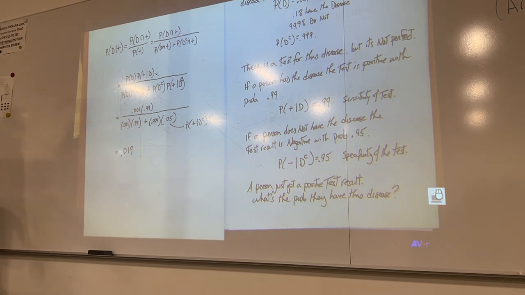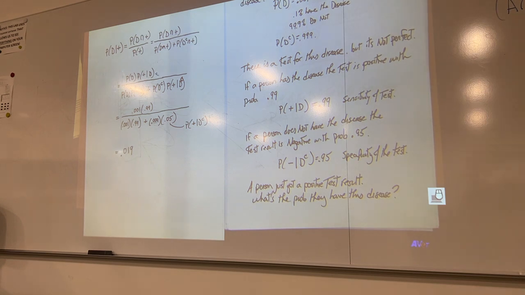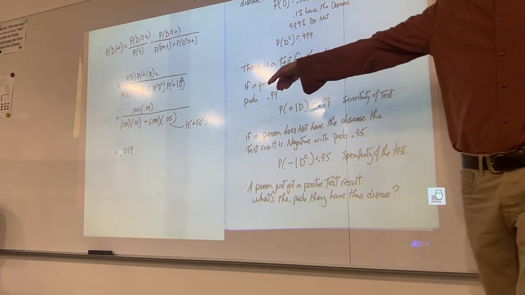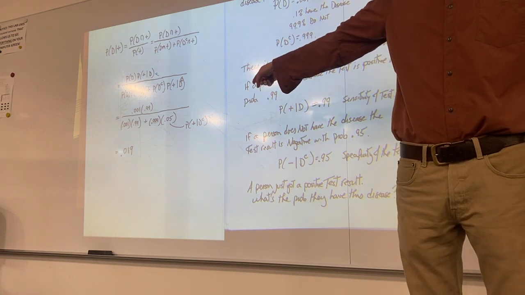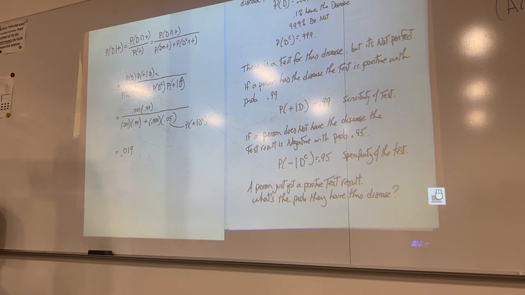So, okay. All your seatbelts are buckled, I can see, right? So given somebody gets a positive test result, there's less than a 2% chance they actually have the disease. You mean they don't have the disease if they get a positive test result? I'm saying if they get a positive test result, there's a less than 2% chance they actually have the disease. It doesn't make sense.